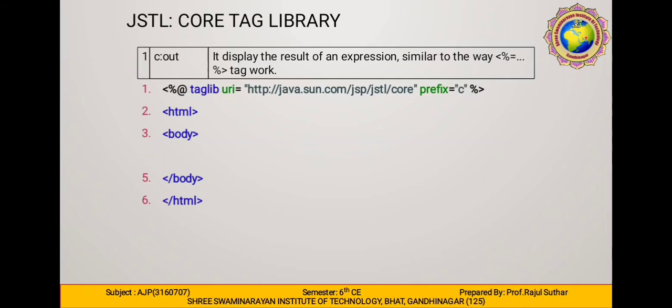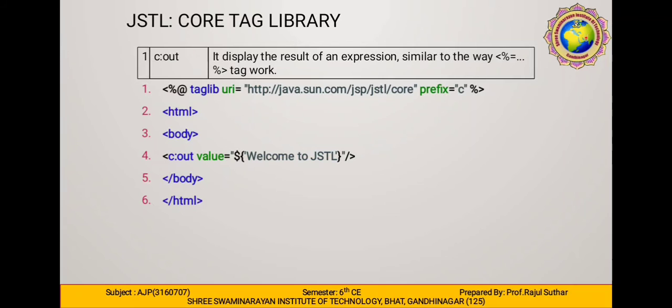This is the syntax for the URI, and the prefix you can write the same way. Here the prefix is equal to c because we are using the core tag. In the HTML part we require c:out with the value welcome to JSP.